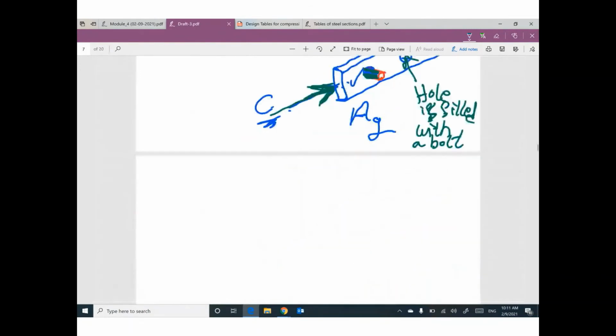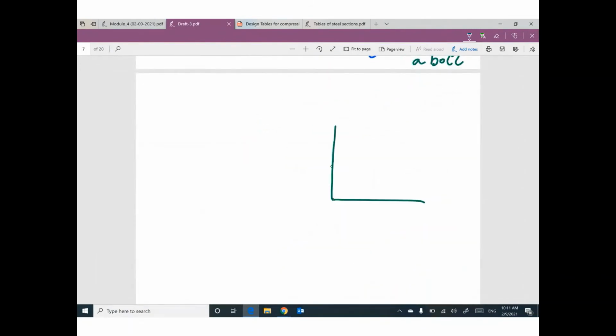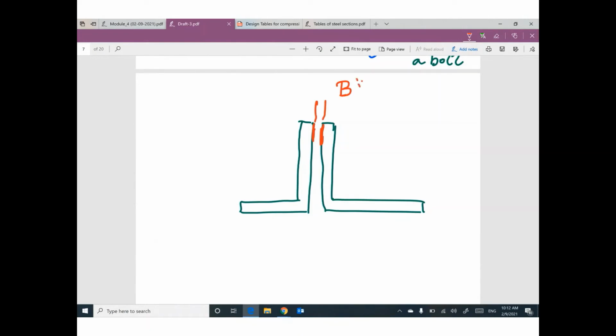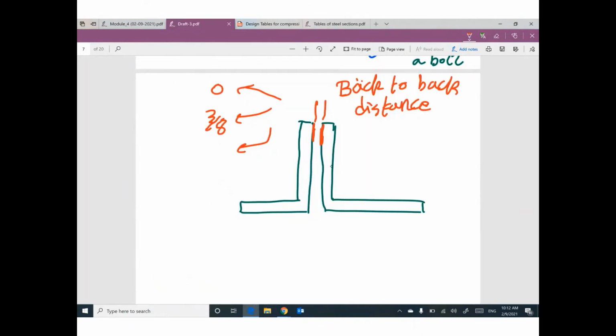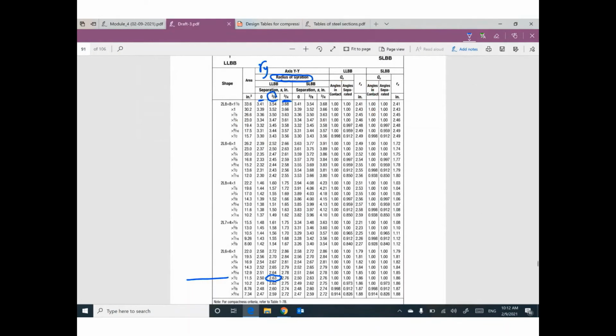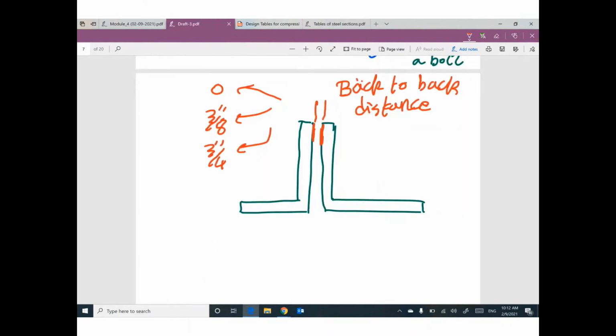Guys, to give you a hint, this double angle looks like this. We have a space between this side and this side, which is called the back to back distance. This distance can be three values: 0, 3/8, or 3/4 inch.